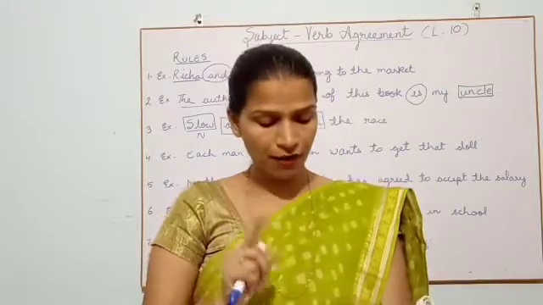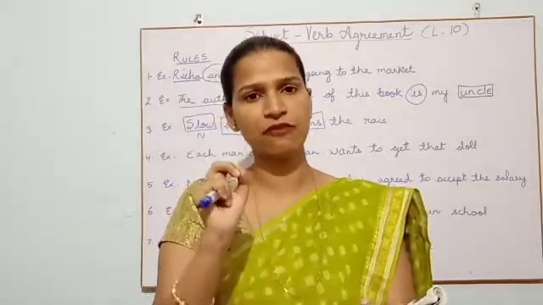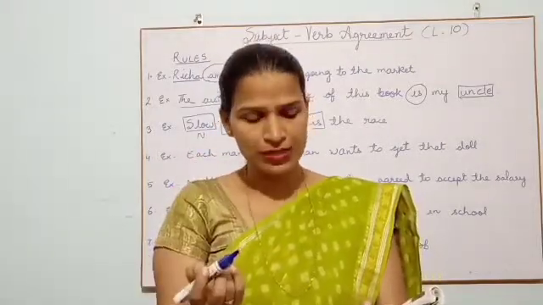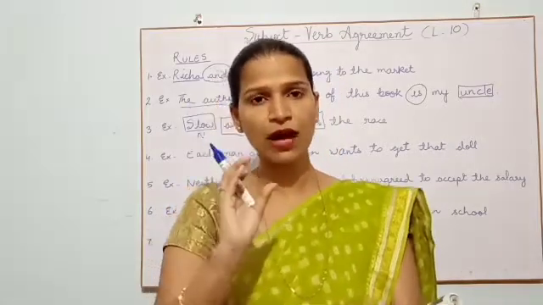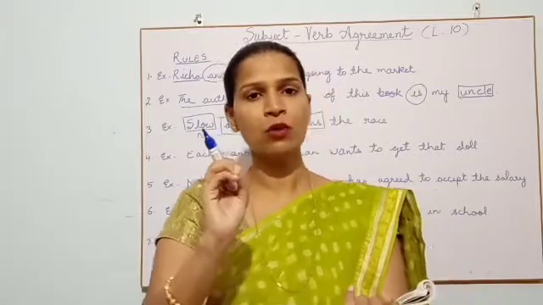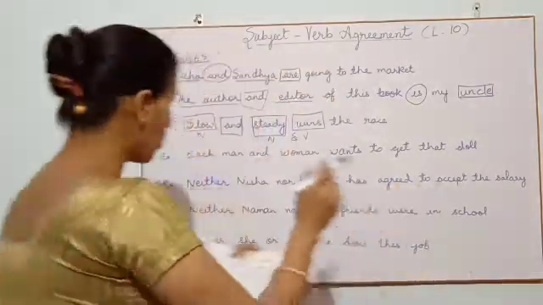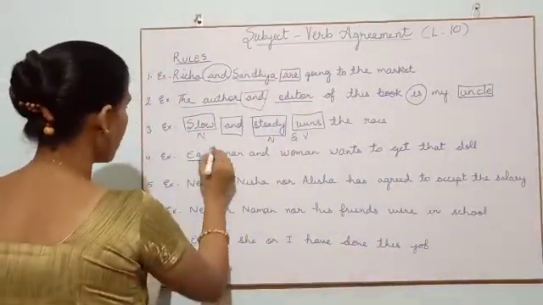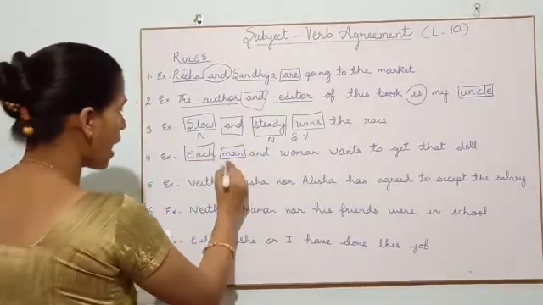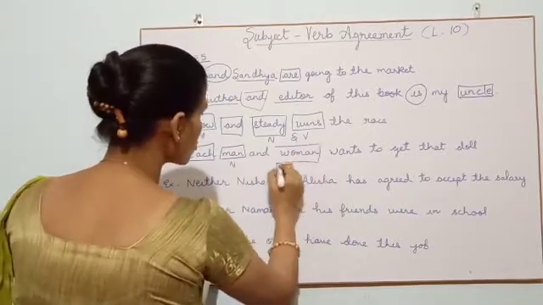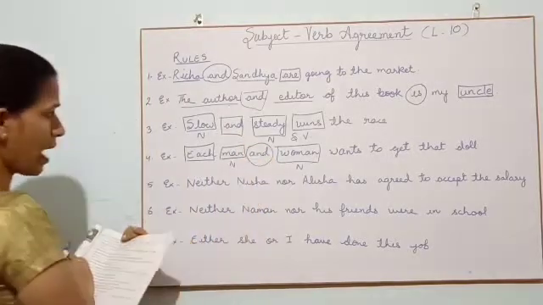Means in a sentence, if you see the word each or every, and of course you will see a noun in it also, and there is a singular noun in it along with the word each or every, then remember we will go with only a singular verb. Each man. We have a singular noun. Woman is also a singular noun. These two nouns are joined with the help of the word and.